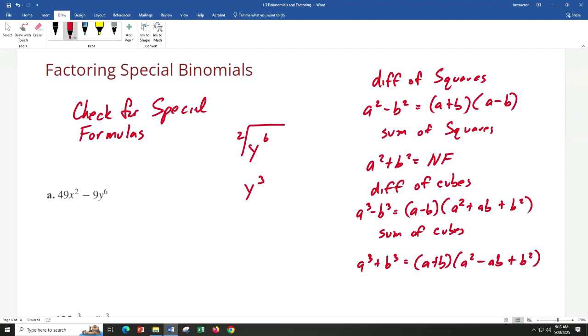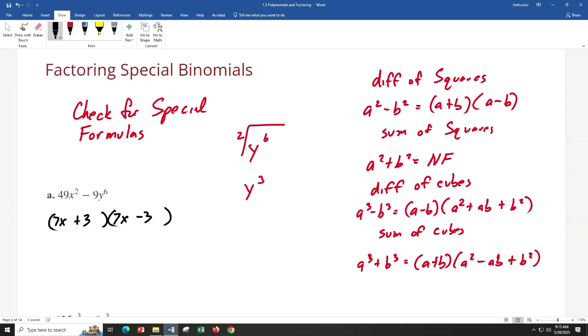So just notice when I take the square root of this number, we're going to have what? If we're going to have a perfect square or a difference of squares, we can separate with a plus and a minus, right? The 49 will go to a 7 in both. X squared will go to x in both. 9 will go to 3 in both.